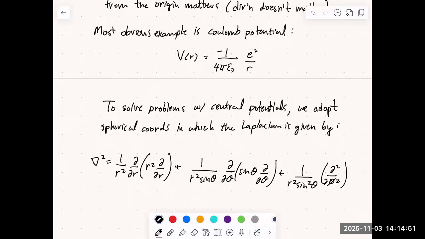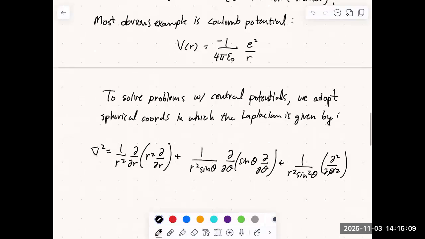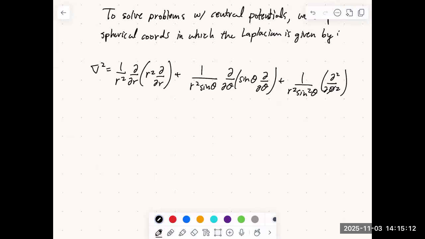Now you can see when I stick this into our time-independent Schrodinger equation, we're going to get a partial differential equation that looks kind of nasty. And so we're going to try to tackle it step by step. Okay. So just like we use separation of variables to get from the time dependent Schrodinger equation to the time independent Schrodinger equation, we're going to use separation of variables to try to separate the radial and angular parts of our partial differential equation.